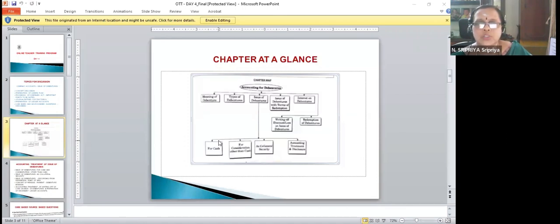When debentures are issued as collateral security, please remember it is only an additional security given to the primary security. The lender is not confident of the primary security that has been given, so the lender wants some additional security, and the company is offering some additional security. Please remember that the additional security has no value until the company is unable to meet its loan commitment or interest commitment.